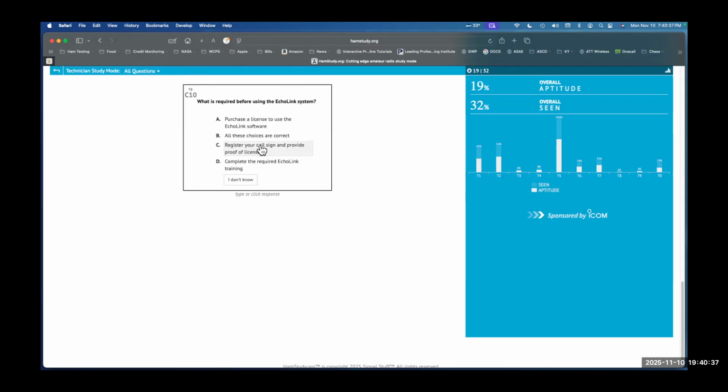Once you get your call sign and a copy of your license, you can send that in or upload it to the EchoLink site, and you can download the EchoLink software on your phone, your computer, your iPad, or whatever tablet, and you can participate in a radio net, not own a radio. So it's C.